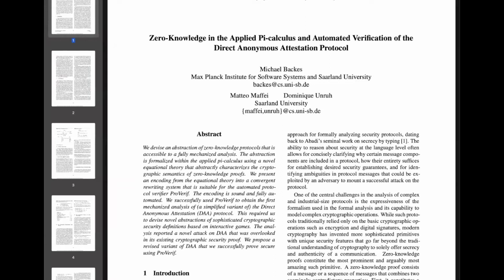So having done that, they found an attack on DAA automatically, and then proposed a variant which is automatically proven correct. So before I dive into some of the details, I just want to stop here and check to see if overall that makes sense. Yes, sounds good, makes sense. Okay, cool.